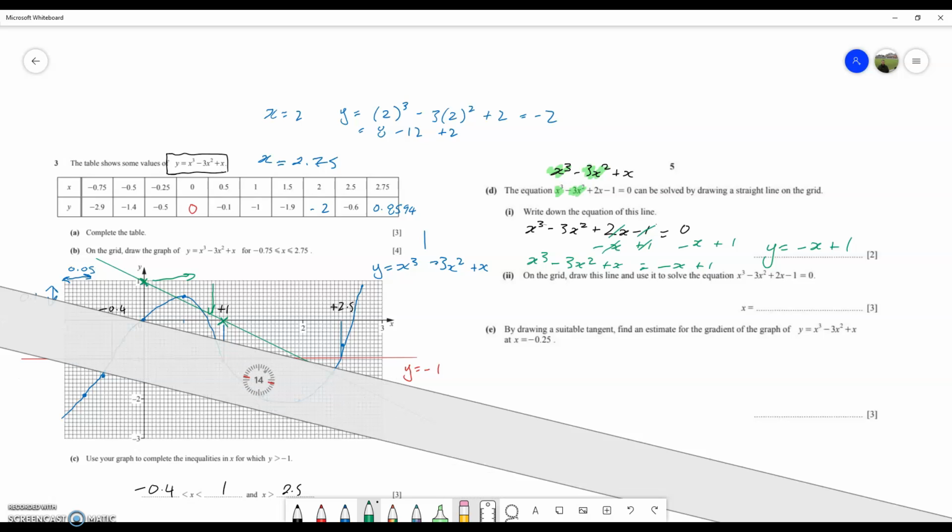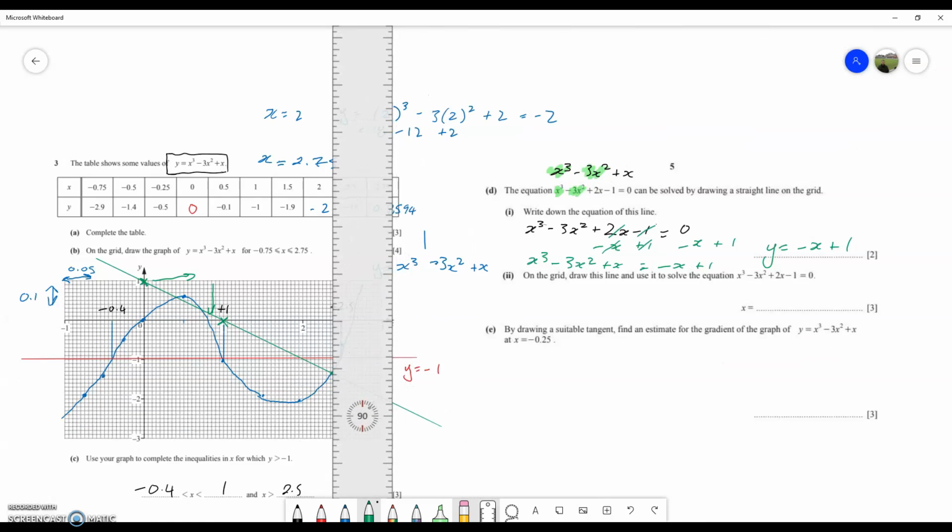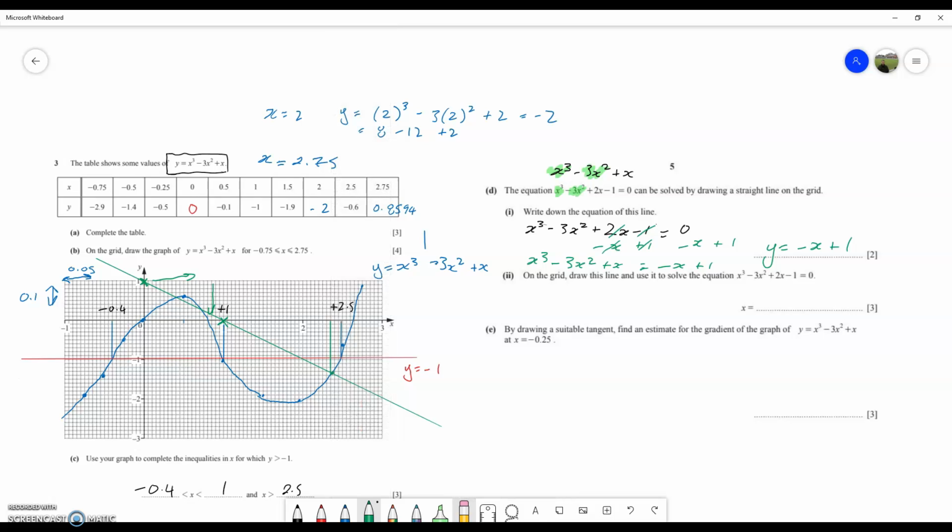Again, get our ruler back, measure up to the x-axis, and work out what this point here is: 1, 2, 3, 4, 5, 6. So it means it's 2.3.